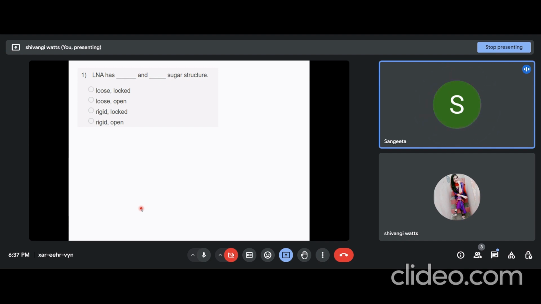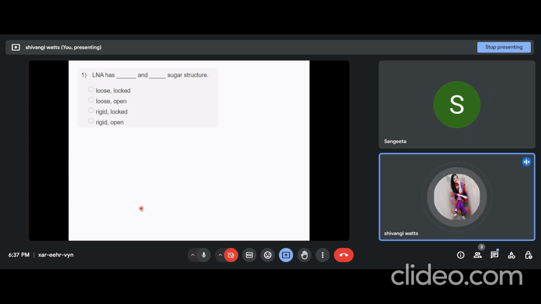The full form of LNA is locked nucleic acids. The name itself is telling locked, so it means it will be rigid. So it has a rigid and locked sugar structure.